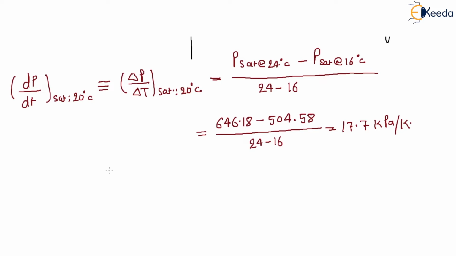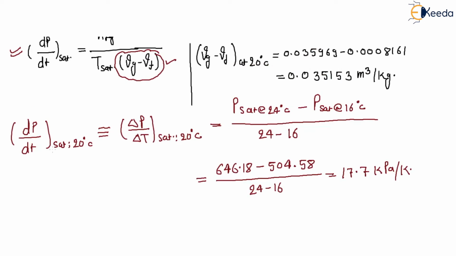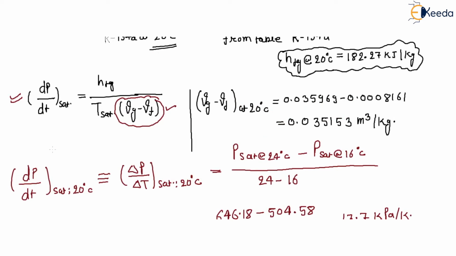Right, so you have done dP over dT at saturation, and what is the T saturation? The T saturation is 20 degrees centigrade.